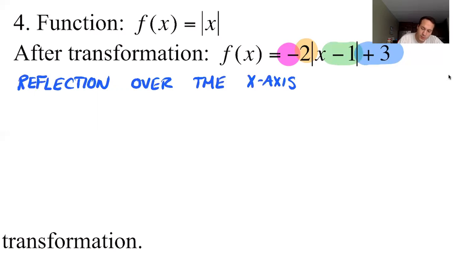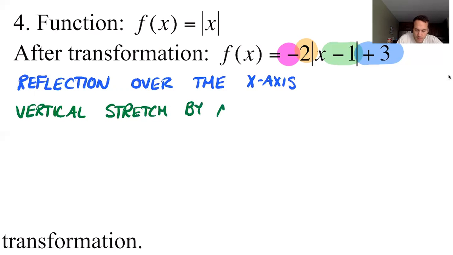The number is larger than 1, so this is a vertical stretch by a factor of 2. Two separate transformations.